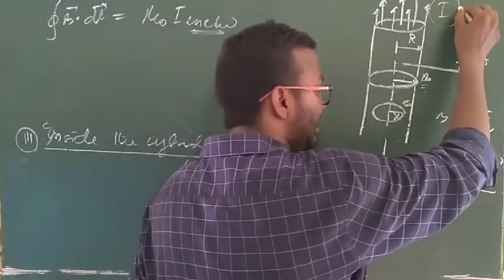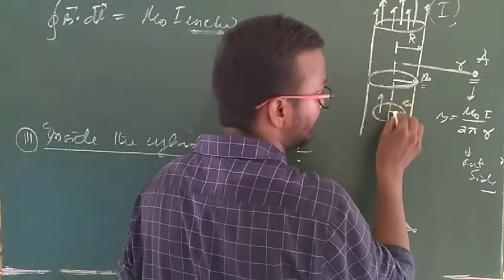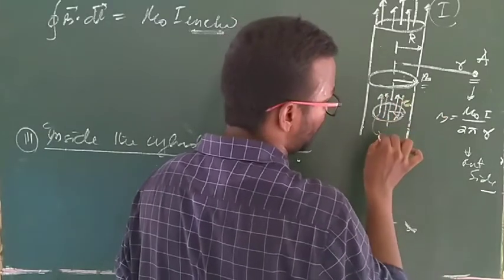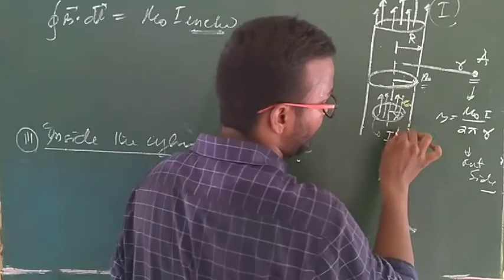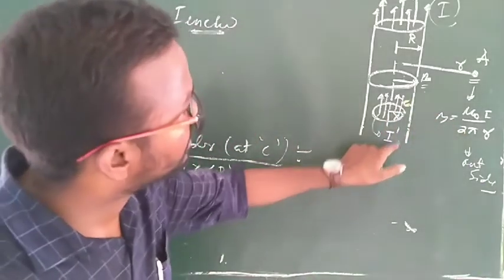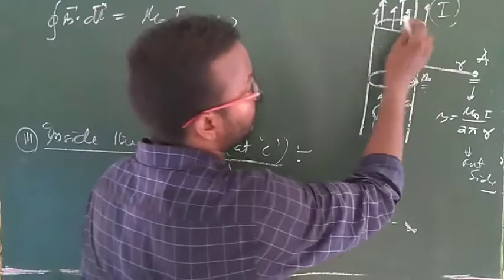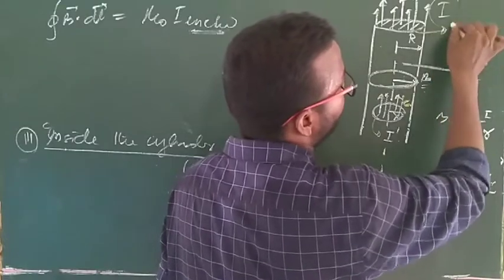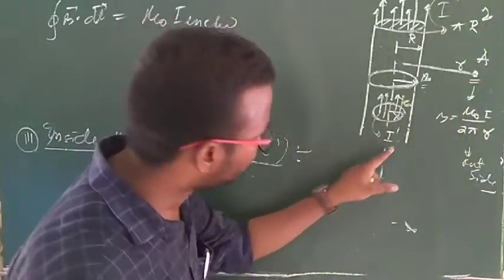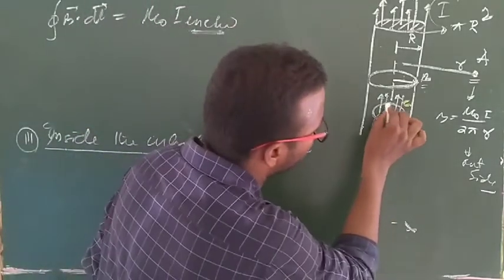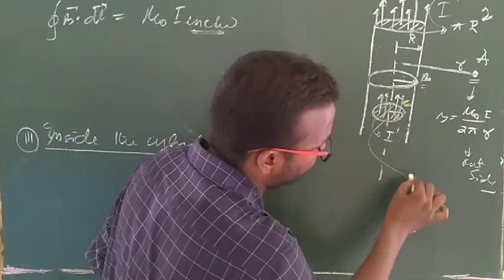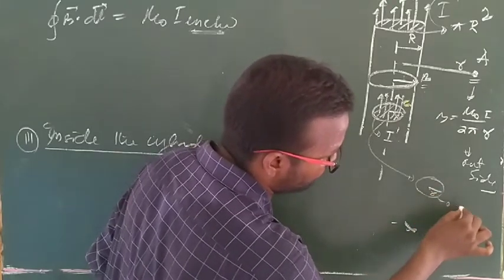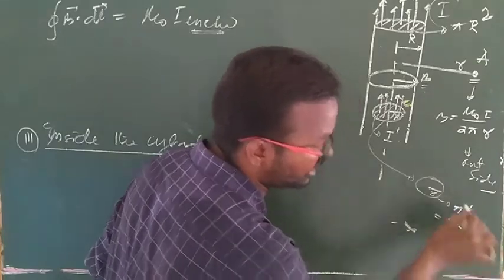So the total current I is not flowing within the loop. Imagine a current I dash, which is not equal to I, flowing through this smaller area. The total area is pi R squared, but this I dash current flows through the small area of radius small r, so its area, A dash, equals pi small r squared.